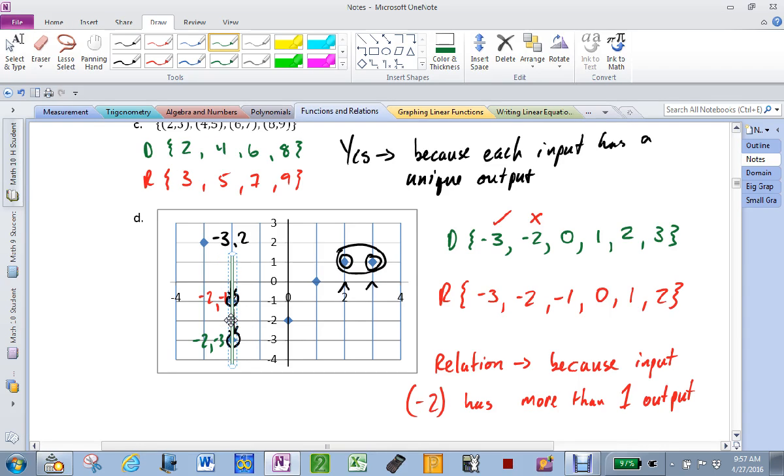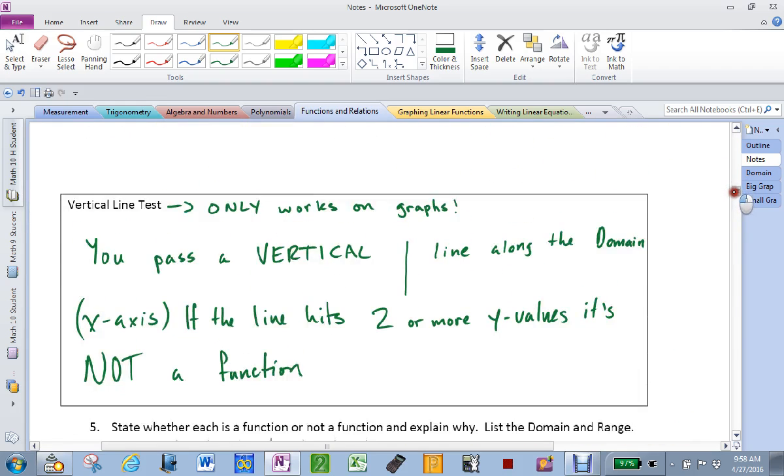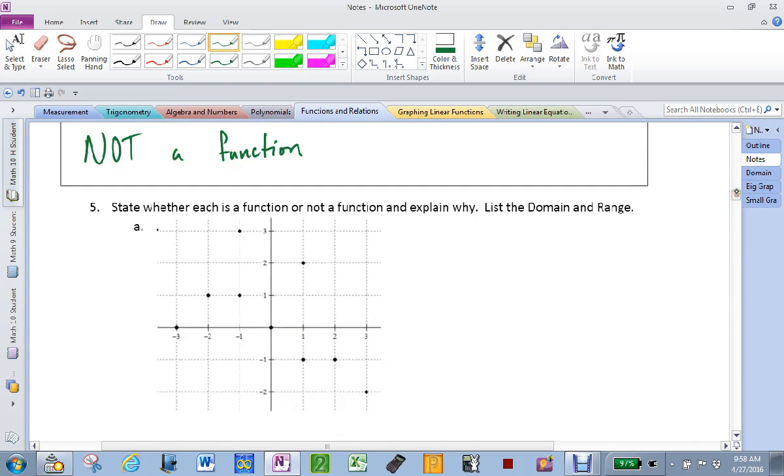I'm trucking along the x-axis, minding my own business, and then right here I hit 2. So that gives me 2 outputs. That's not allowed. Okay? Will it work not on a graph? Of course not. Right? But it will work on a graph. Everybody cool? So, since this graph is not a function, what is it? A relation. Everybody cool?